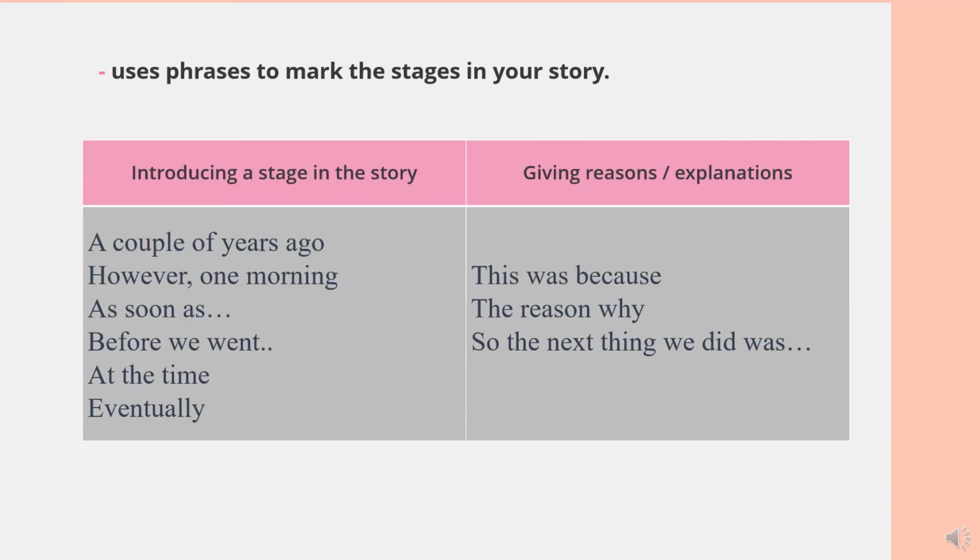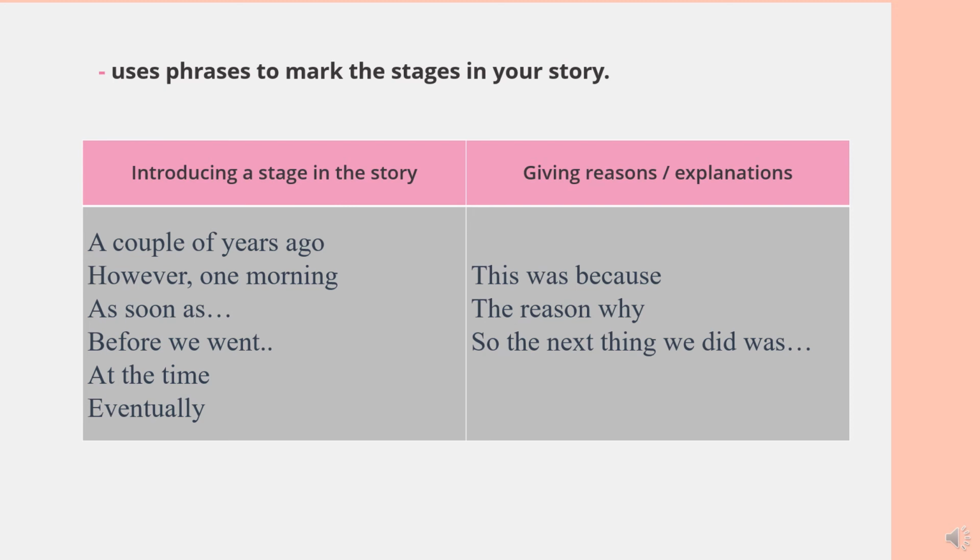So if you have a look here, you can see that there are some recommended phrases that you can use to mark the stages in your story. For example, when you talk about something that happened a long time ago, you can use phrases like a couple of years ago or several years ago, right? Or when you want to stress something that happened just before something else happened, you can use the phrase as soon as, right?